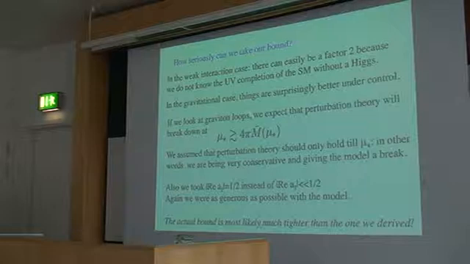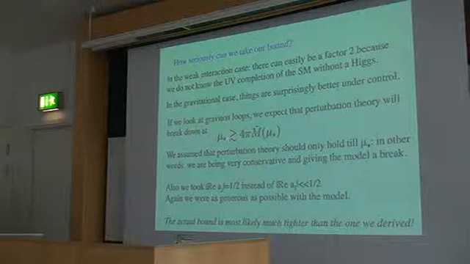If you remember one of the first few slides, I told you that we expect perturbation theory to break down at a scale mu star, which is 4 pi times n bar of mu star, and actually we considered just the weaker requirement that mu star should be bounded by n bar at mu star. So I'm giving a break to the model.